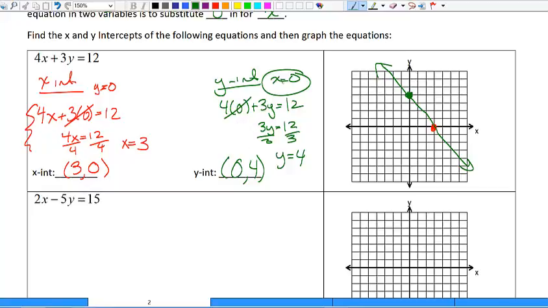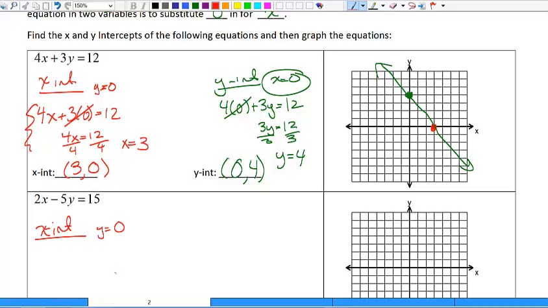Now to find the y-intercept, we know x is 0. So put your finger over the 4x because 4 times x is 0. And we have positive 3y equals 12. Can you divide that in your head to get 4 without writing a whole lot of work? I would hope so. So take your finger off and now you have the two solutions. Now, are you welcome to write it all out? Yes, you can. On the next problem, I'm looking for the x-intercept. I know y is equal to 0.